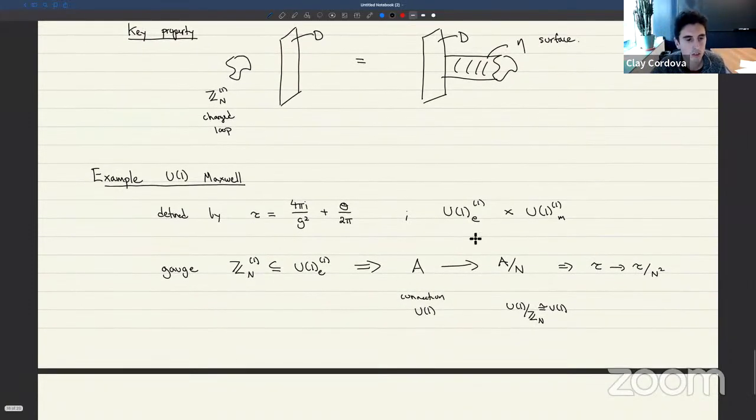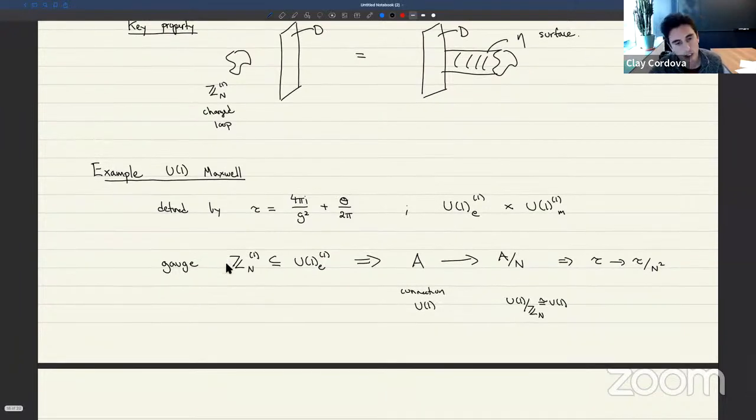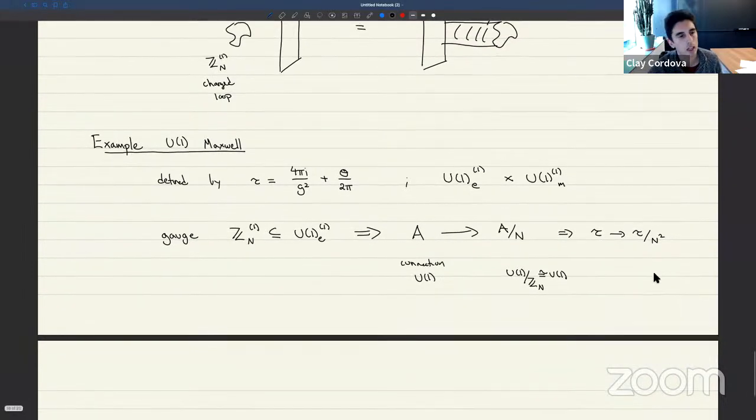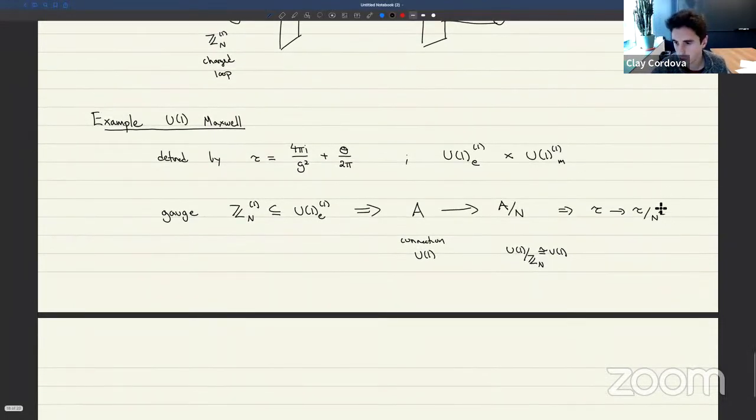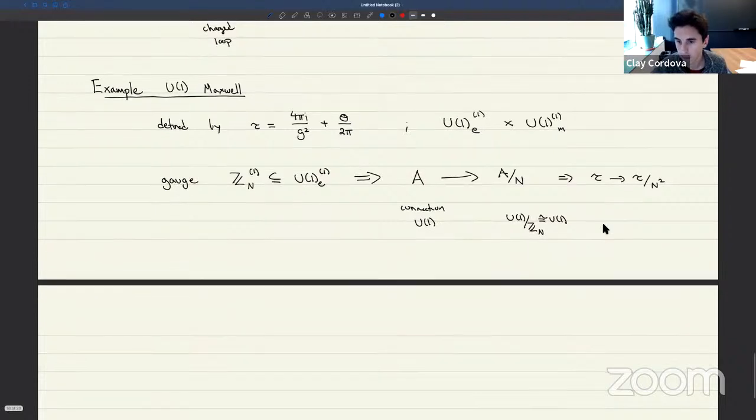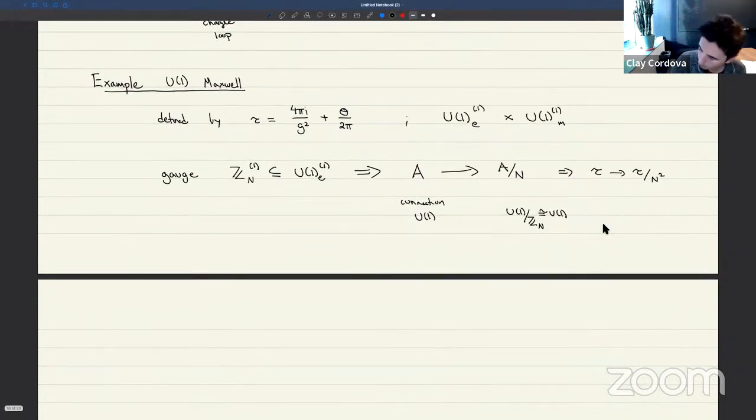Okay, so if you just gauge the Zn one-form symmetry, in general, you make a topological interface between a theory with coupling tau and a theory with coupling tau over n squared. If I want to make an object like what I was discussing above, I'll need to combine with some kind of electromagnetic duality to see if this tau over n squared is ever secretly equivalent to tau. So let's use electromagnetic duality.